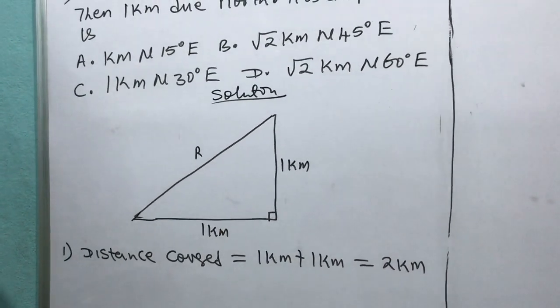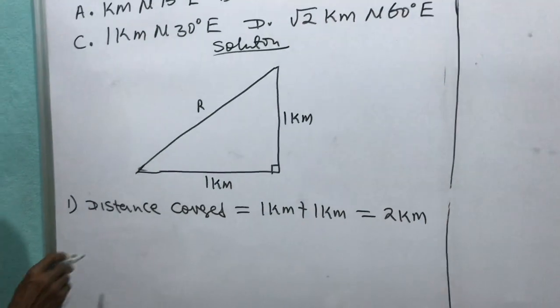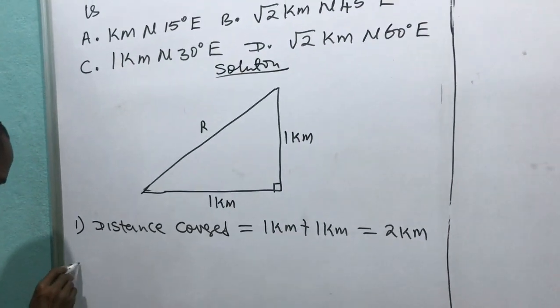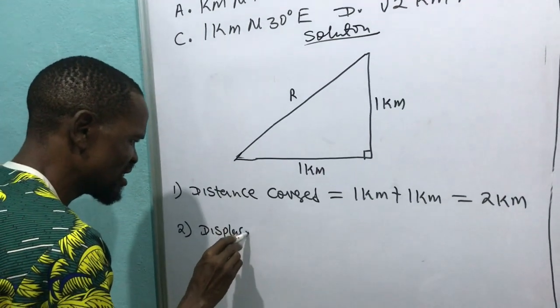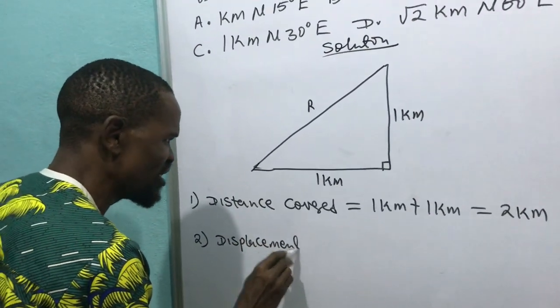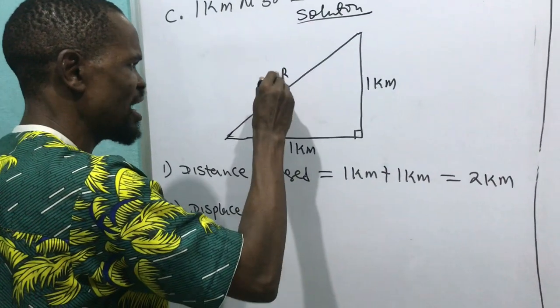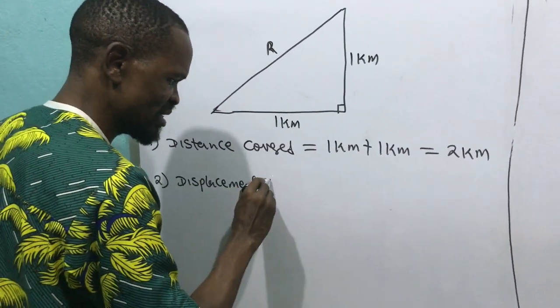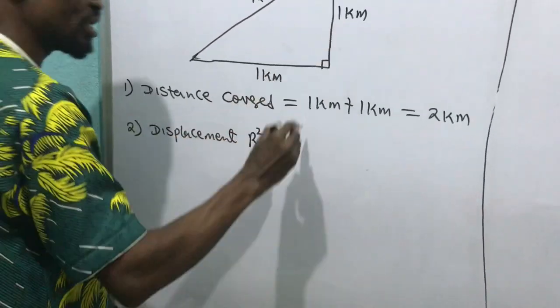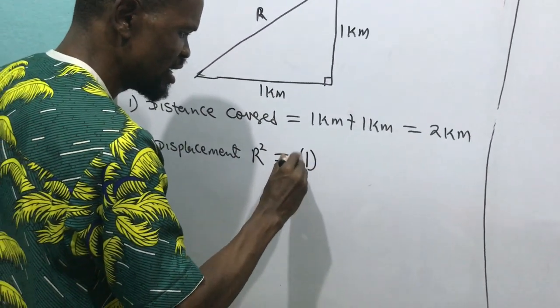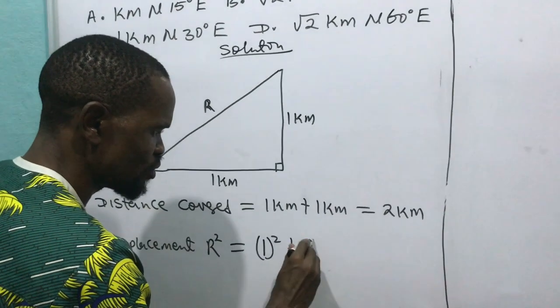Then let's look at displacement. Number two, displacement is a vector quantity, which is the resultant R. R squared is equal to, by the Pythagorean theorem, 1 squared plus 1 squared.